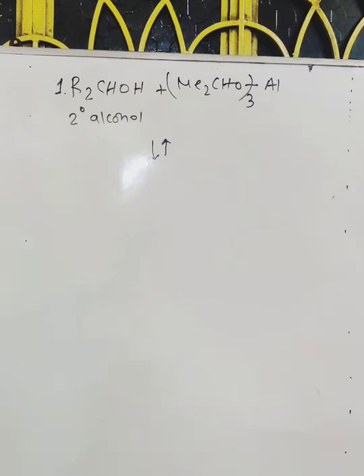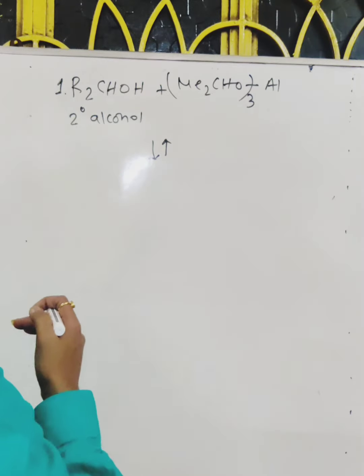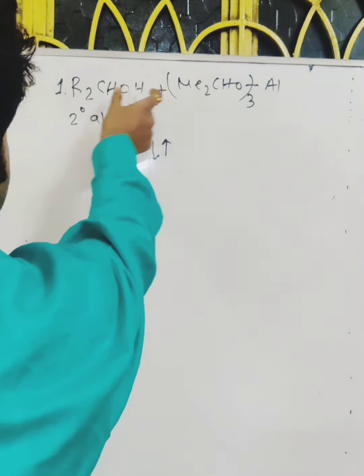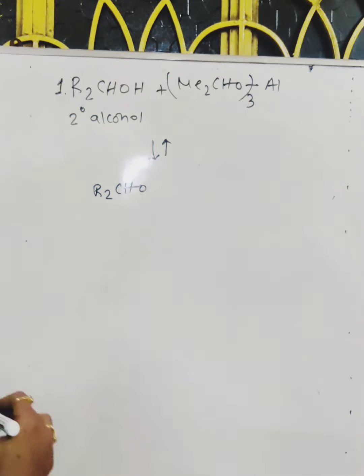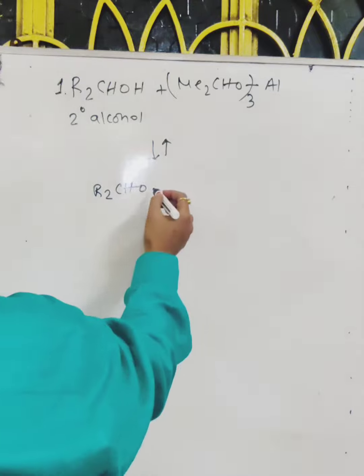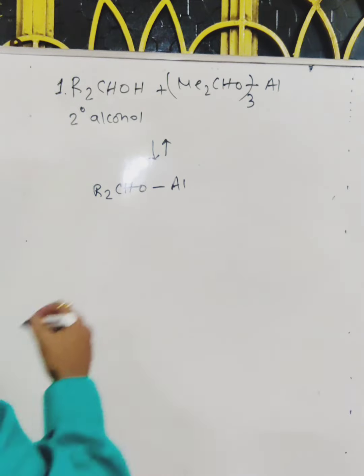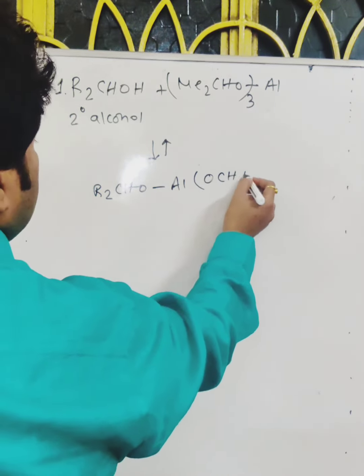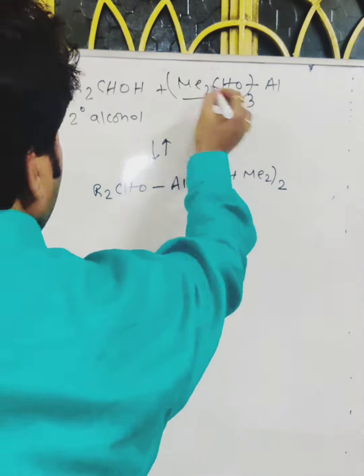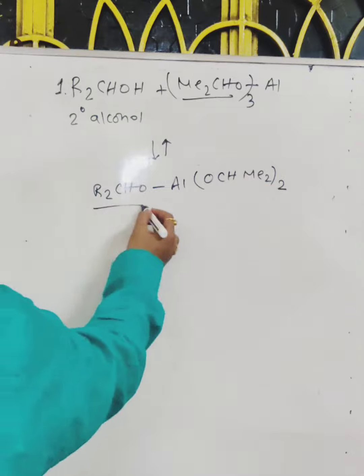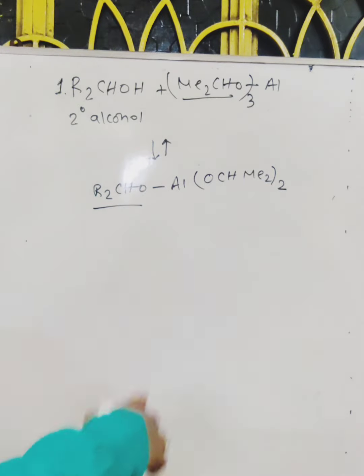Clear? So what is supposed to be here? Just replace one of these by this group. So R2CHO, R2CHO-Al(OCHMe2)2. That means one of these has been replaced by this group. So where is that one going?